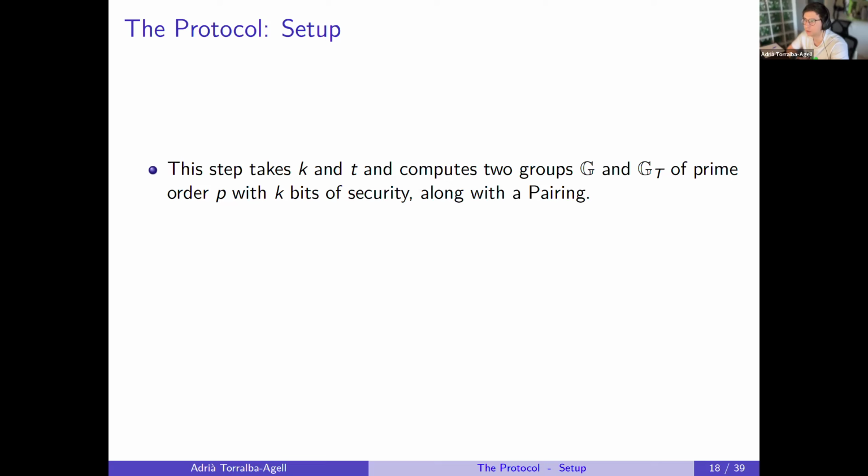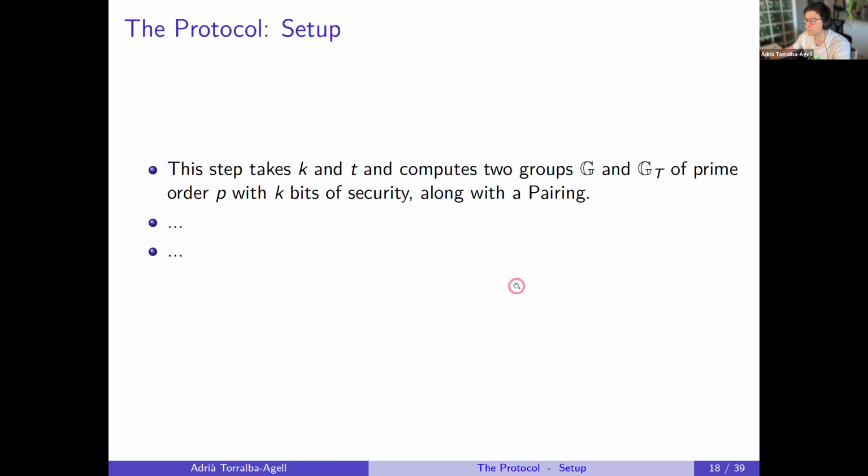And this T should be less than P, the order of the group. And with K and T, we compute 2 groups, G and GT, of prime order P with K bits of security, along with a pairing.